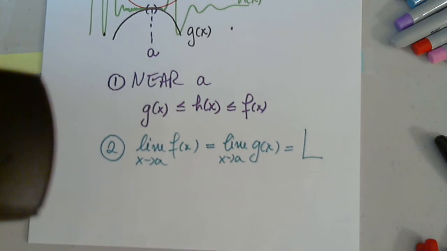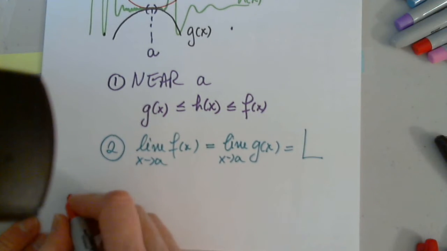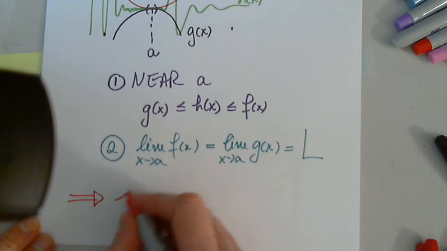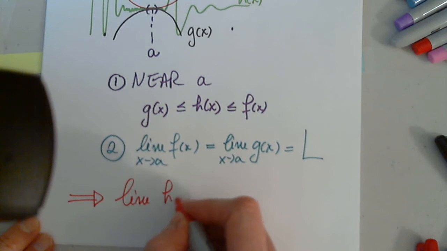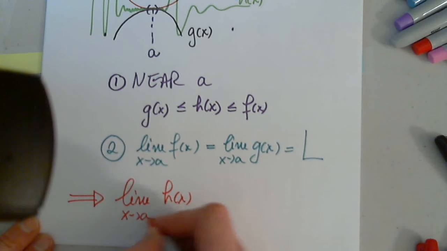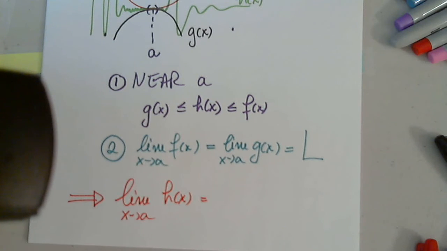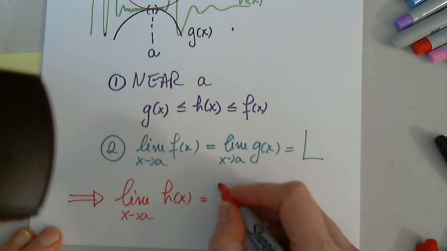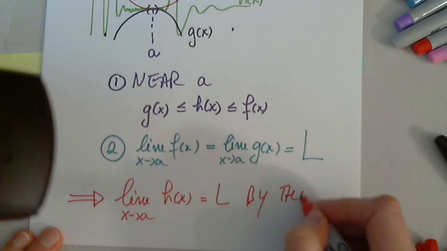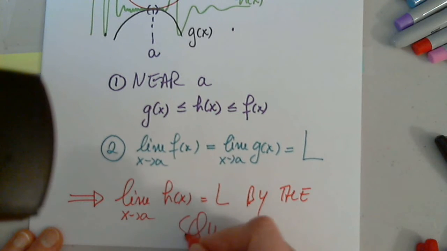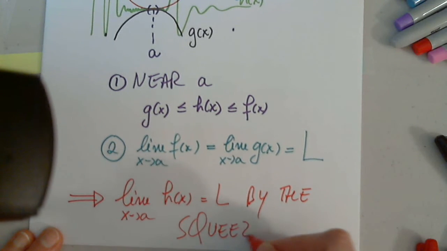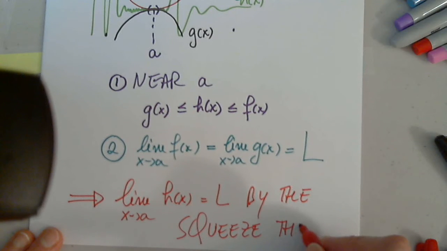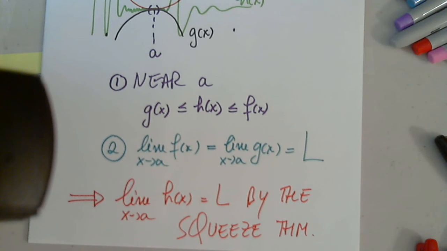It's secret. Then, what do you think about the limit of h of x as x approaches a? What will that equal to? That should be L as well, right? That's it. By the squeeze theorem. By the squeeze theorem.